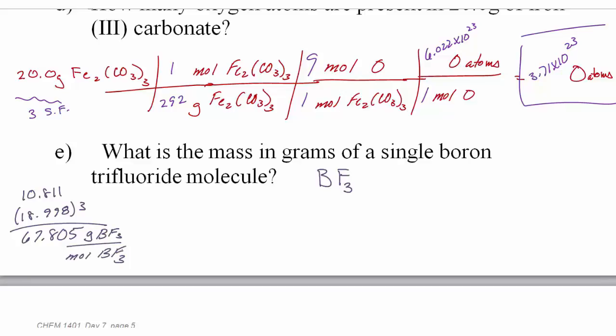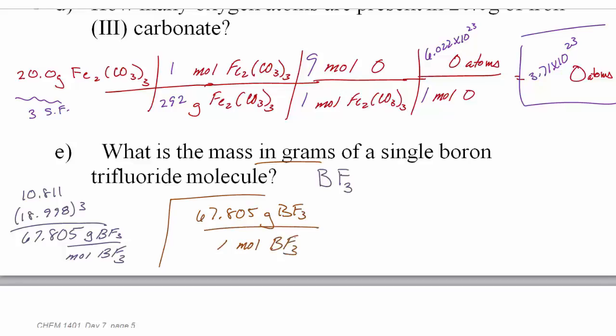That's the molar mass. And it's kind of nice to write all those units because life is a little bit easier. Let's show you why. We want the answer in grams, so I'm not going to flip the molar mass. I'm just going to write the molar mass with grams on top: 67.805 grams of boron trifluoride in 1 mole of boron trifluoride.